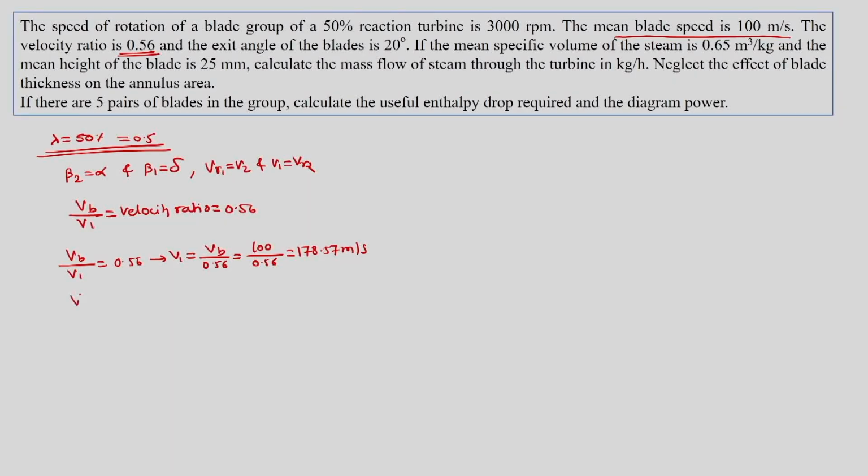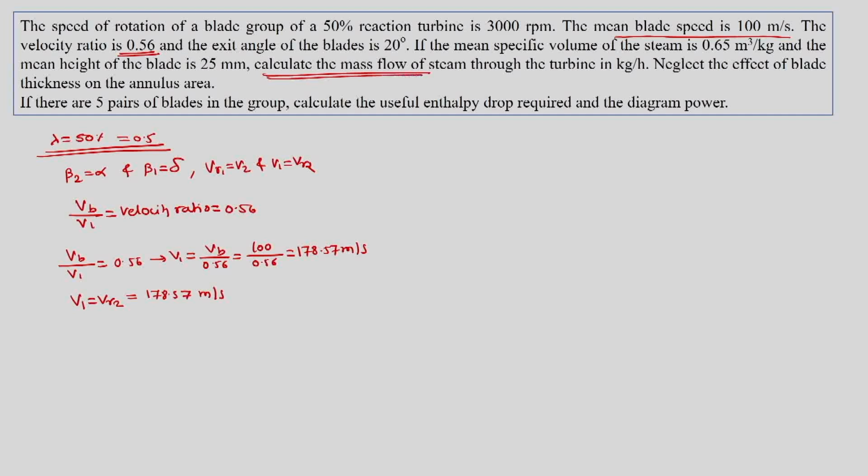But as the fact goes, we have V1 is equal to VR2, so VR2 is also equal to 178.57 meters per second.